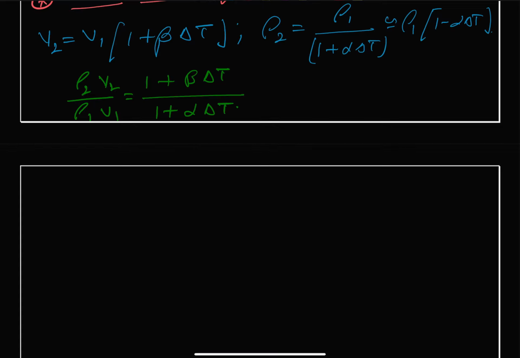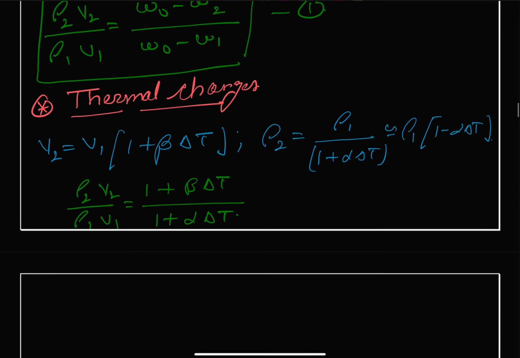Okay, and from equation 1 we can see that this will be equal to (W0 minus W2) upon (W0 minus W1).